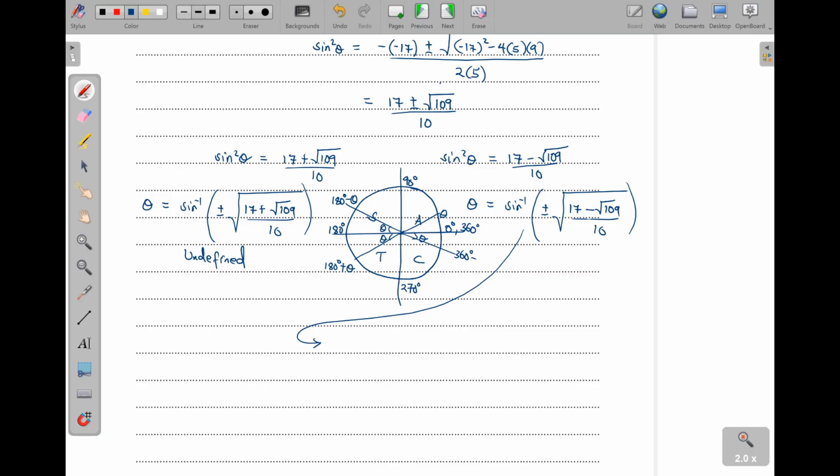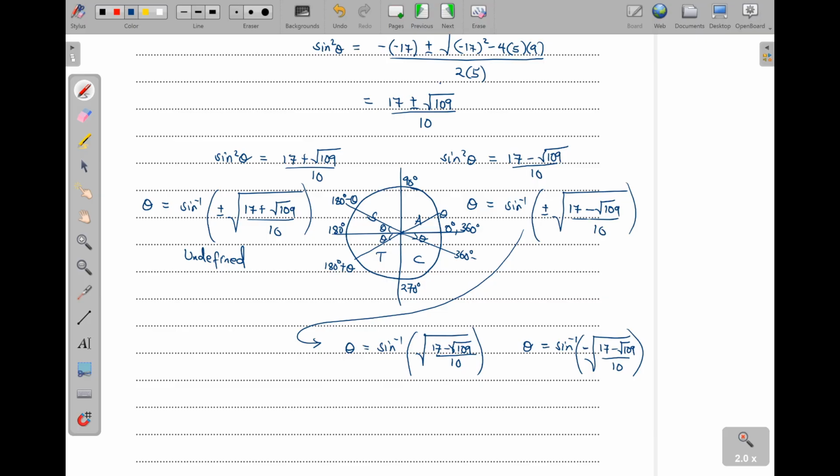We are going to have two values. Theta is equal to the arc sine of square root of 17 minus root of 109 over 10. And then another one, theta is going to be the arc sine of the square root of 17 minus root of 109 over 10, but this one here is a minus.